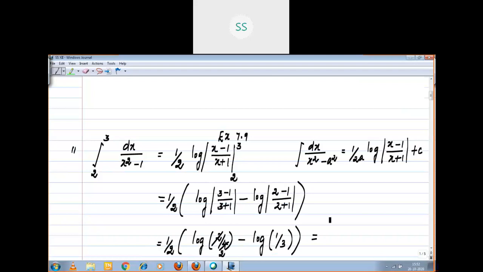Then log A minus log B, that is 1 by 2 into log of 1 by 2 divided by 1 by 3.